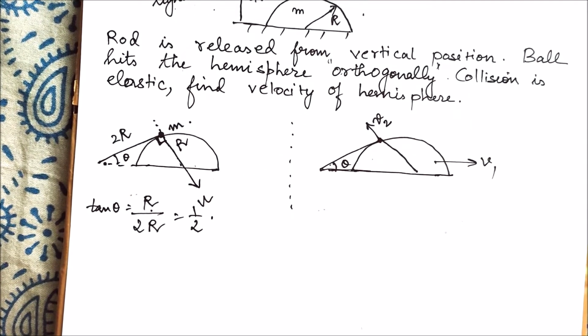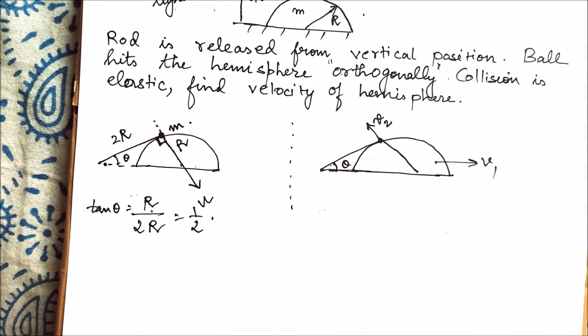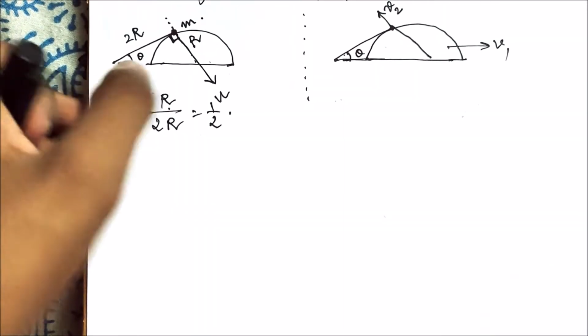The basic thing we should do in all mechanics problems in JEE is write the energy conservation equation, the linear momentum conservation equation, and e equal to 1, utilizing that the collision is elastic. First let's write the energy conservation equation.